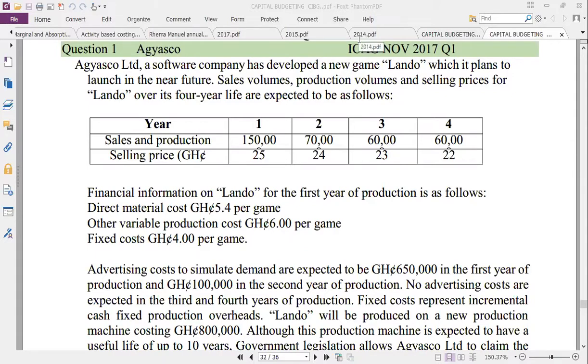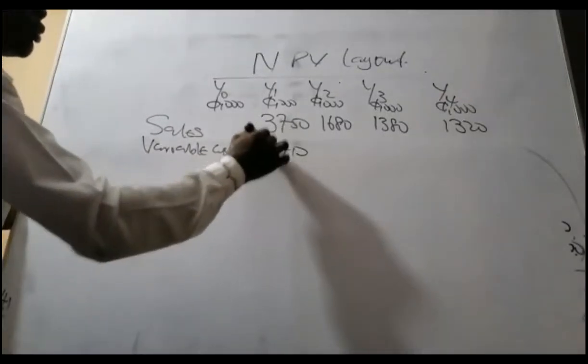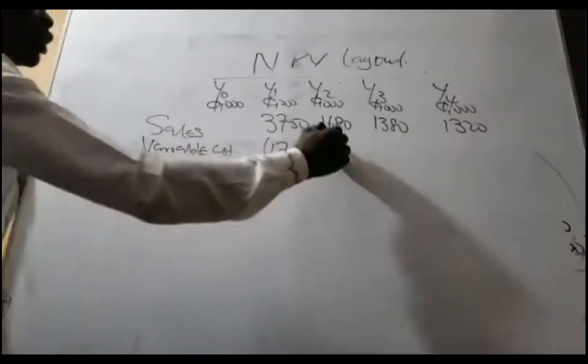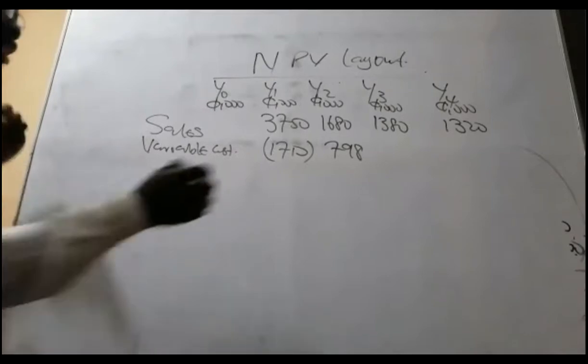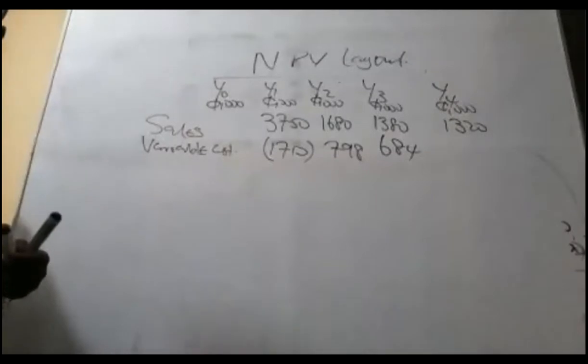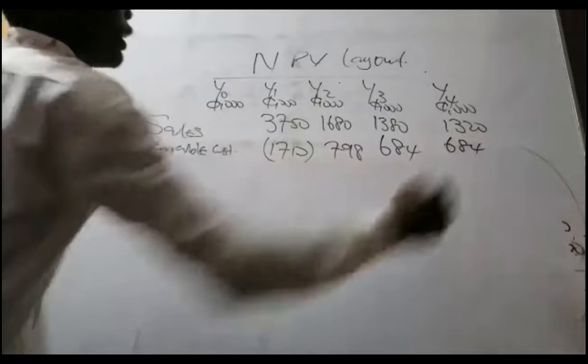The first one will be 1,710, and the second one will be 798. Then we have 684, and 684 again.